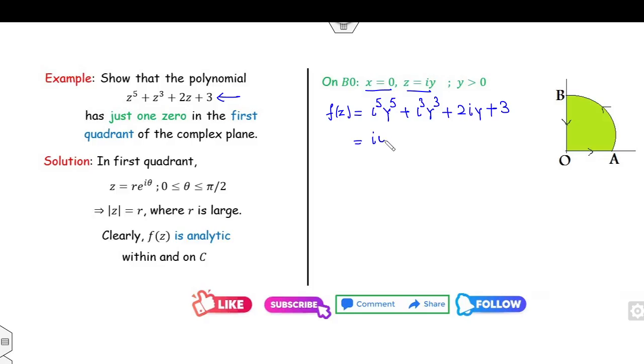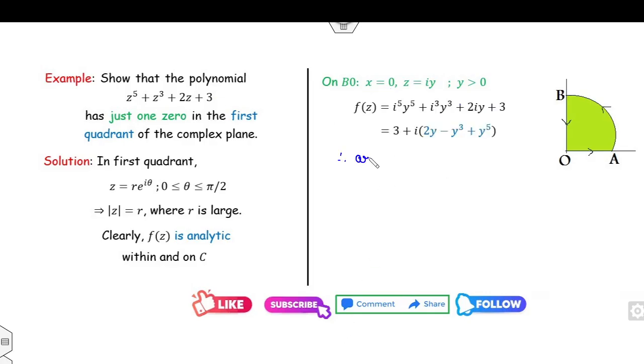Iota into y raised to power 5 minus iota y cube plus 2 iota y plus 3. Fine. So therefore, what is the argument of f(z)? That is tan inverse of the imaginary part divided by the real component. Real is 3, imaginary part is 2y minus y cube plus y 5.